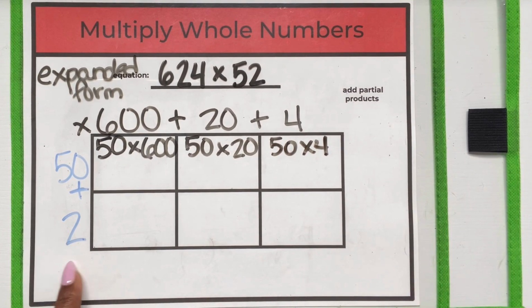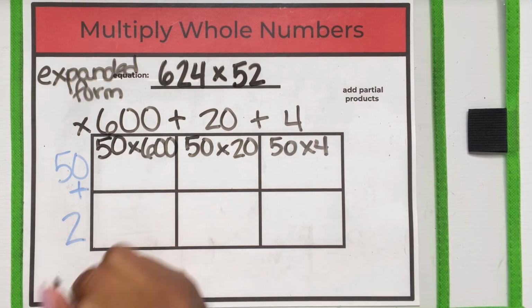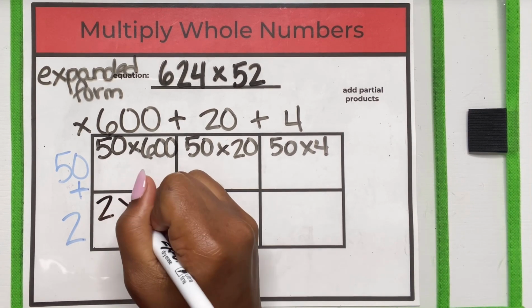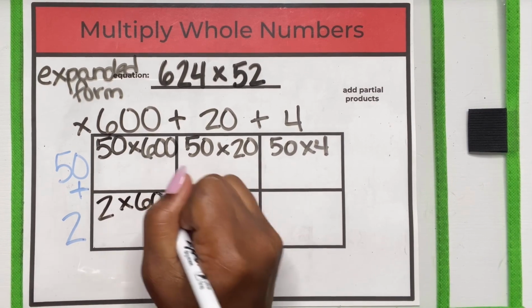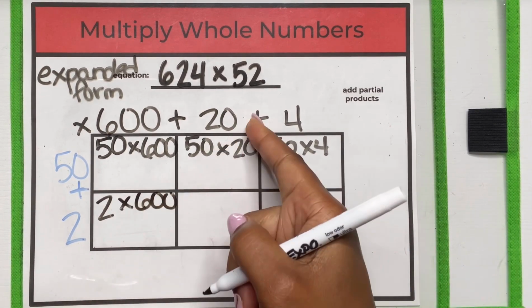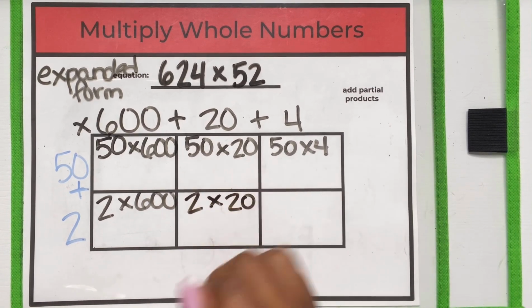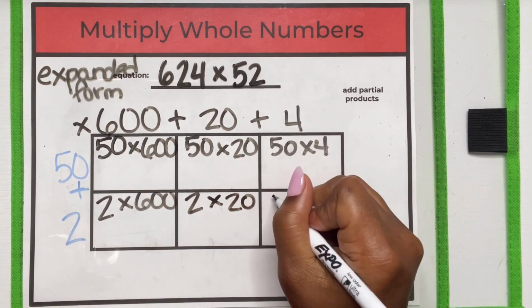Now you try the second row. Are you ready? 2 times 600. 2 times 20. Excellent. 2 times 4.